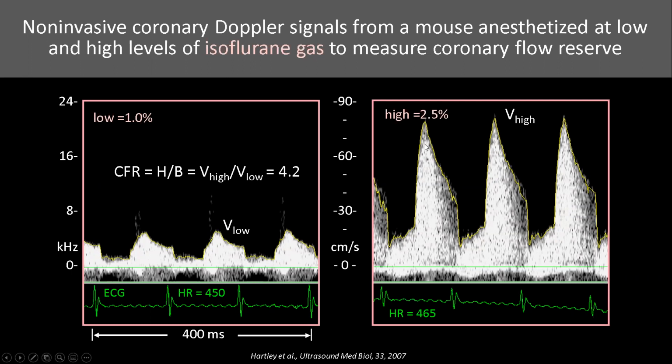isoflurane to 2.5%, we see a huge increase in the peak velocity. And this is the diastolic part. That's when coronaries get perfused. In the systolic part, there's hardly any perfusion.